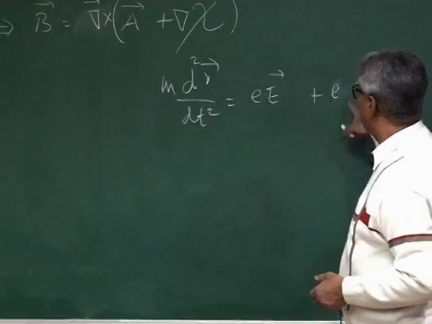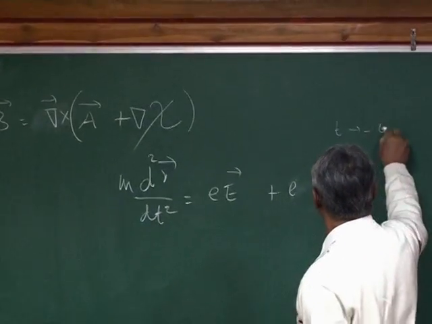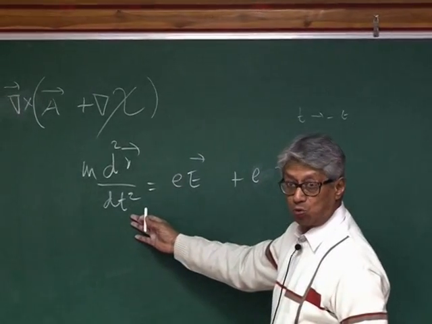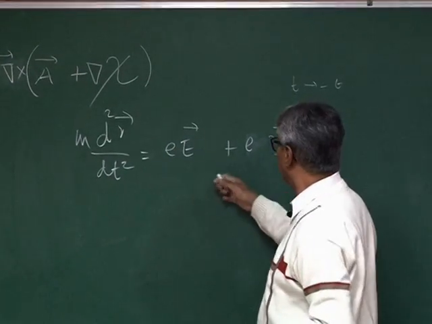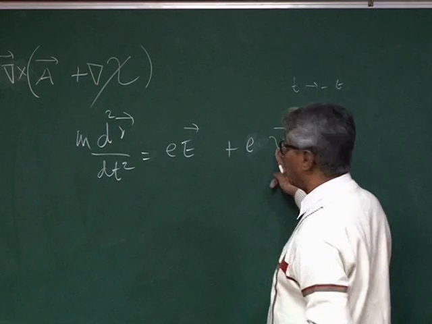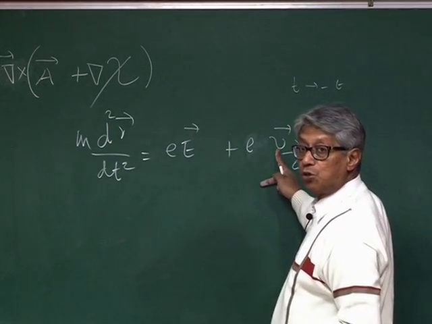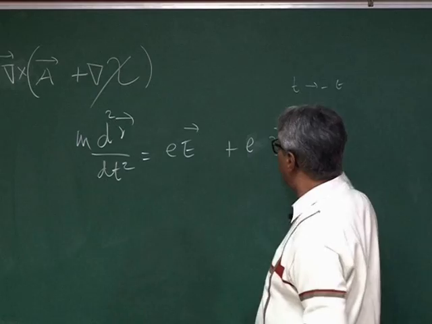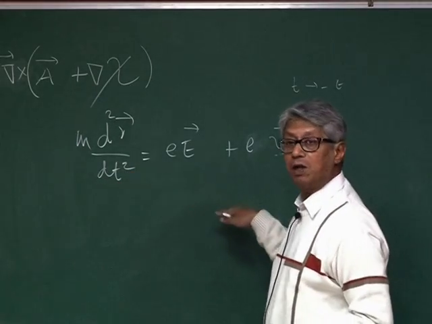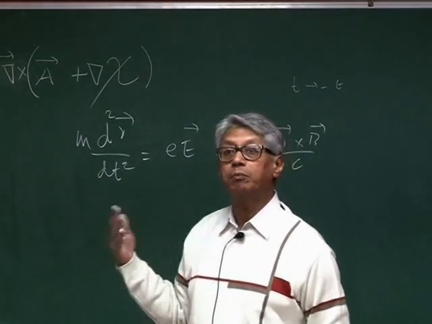Normally, therefore, you would say that there's a problem with time reversal invariance, because if you change t to minus t, the left-hand side doesn't change because d squared by dt squared, you square it, it will not change. This term doesn't change, but velocity v will change sign. So what do you have to do to restore time reversal invariance? Because your fundamental equation must obey this time symmetry.